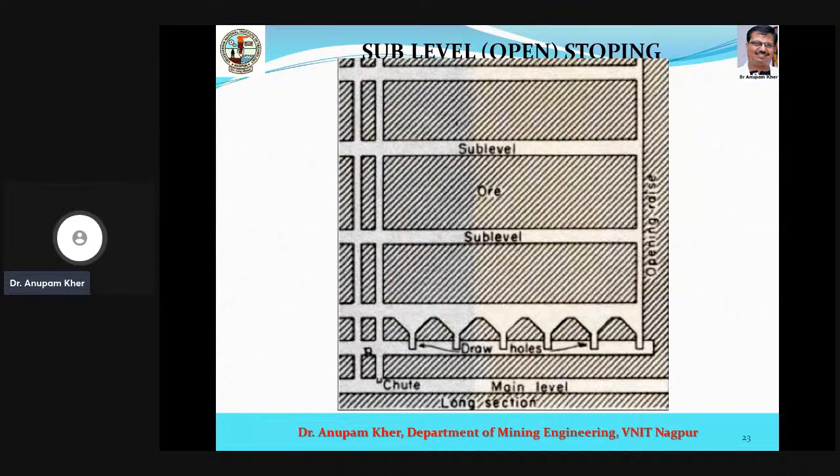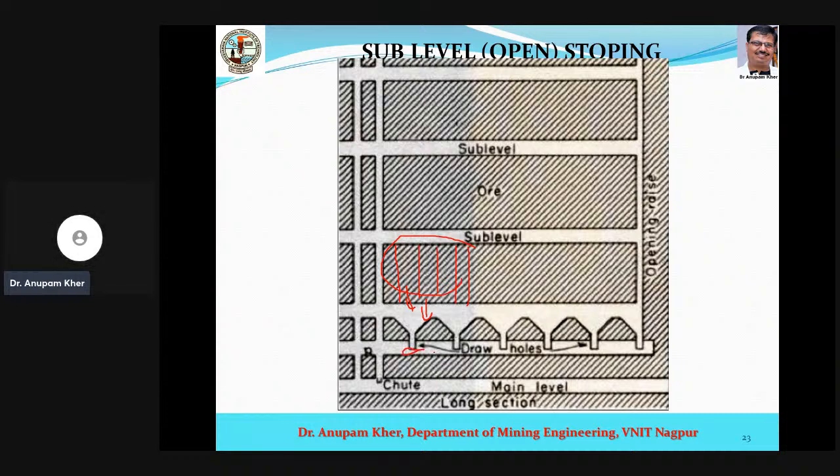So what is being done now, we are able to extract this block one by one. It's a very progressive, advanced method with large output, but basically the strata is competent, both rock and ore are quite competent. So if we drill and blast this, all the material is going to fall down, and then we have these draw holes where we can collect it.